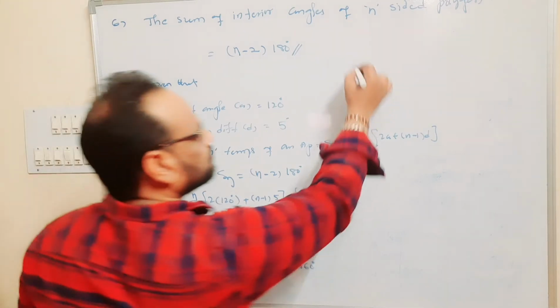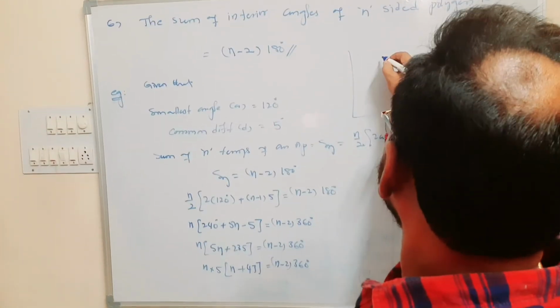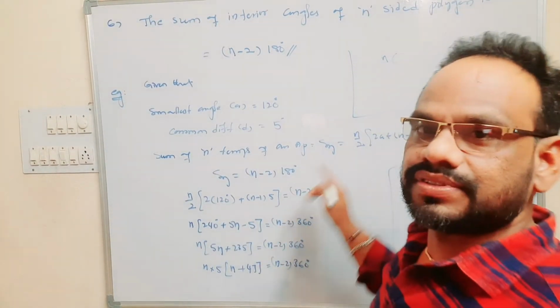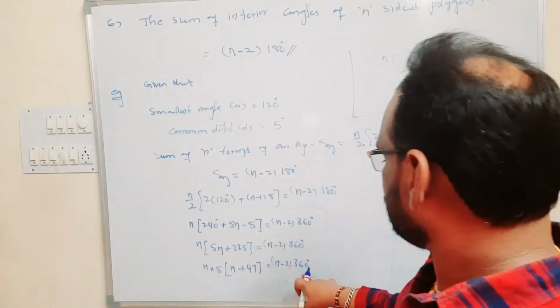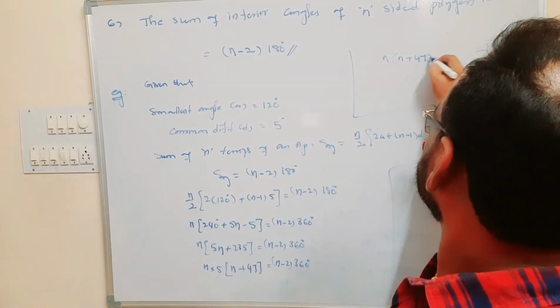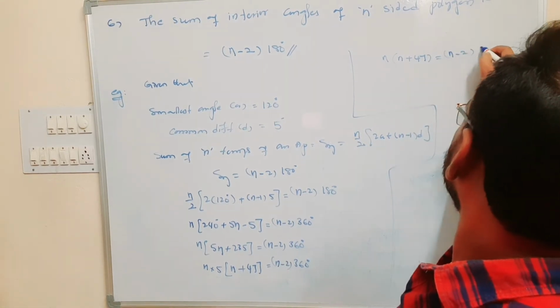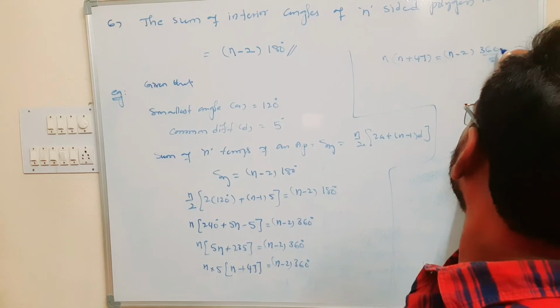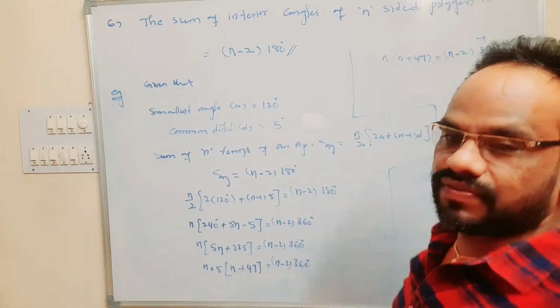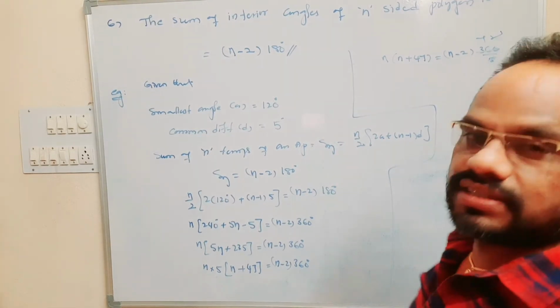So here, if you send 5 from LHS to RHS, it becomes a division quantity. So n into n plus 47 is equal to n minus 2 into 360 by 5. 5 times 72 is 360, so that is 72.